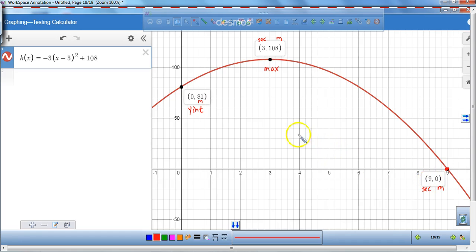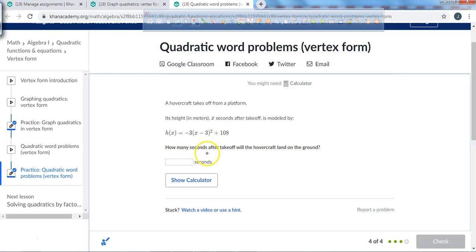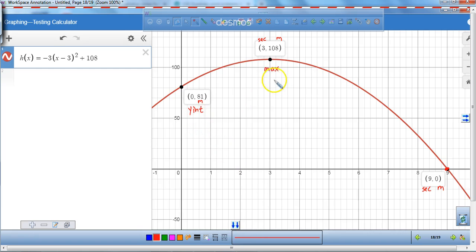So any one of these points they could ask you about. Ours says, how many seconds after takeoff will the hovercraft land on the ground? Well, that only took 9 seconds. So you have to know which point they are asking you about. Either they're going to be asking you about the y-intercept, the maximum, or what's known as the zero. Okay? And that's basically it.